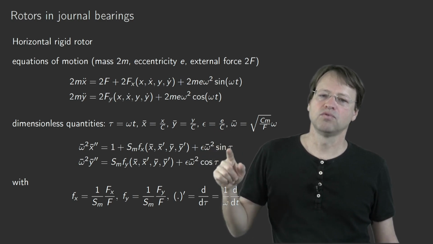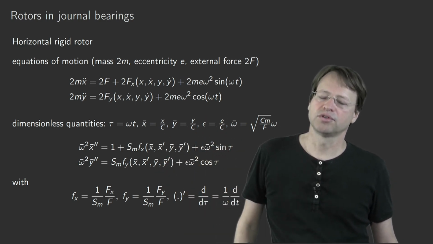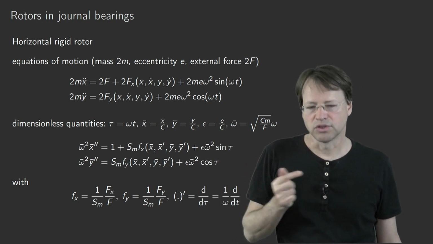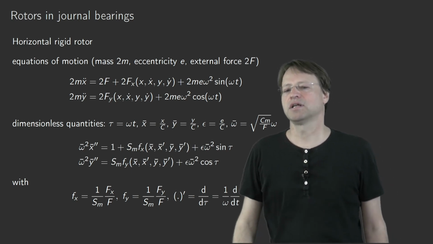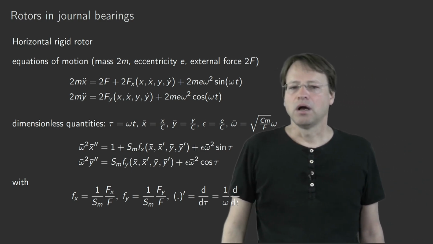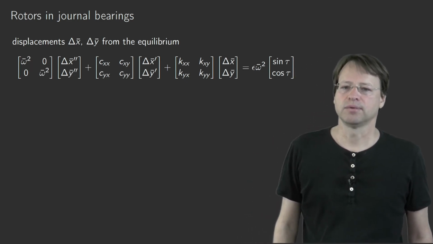And this term here moves to the right-hand side. We had the damping and stiffness coefficients modeled as restoring forces with a negative sign, so they move to the right-hand side with a positive sign. All this can be seen on the next slide. Here you will see the results.